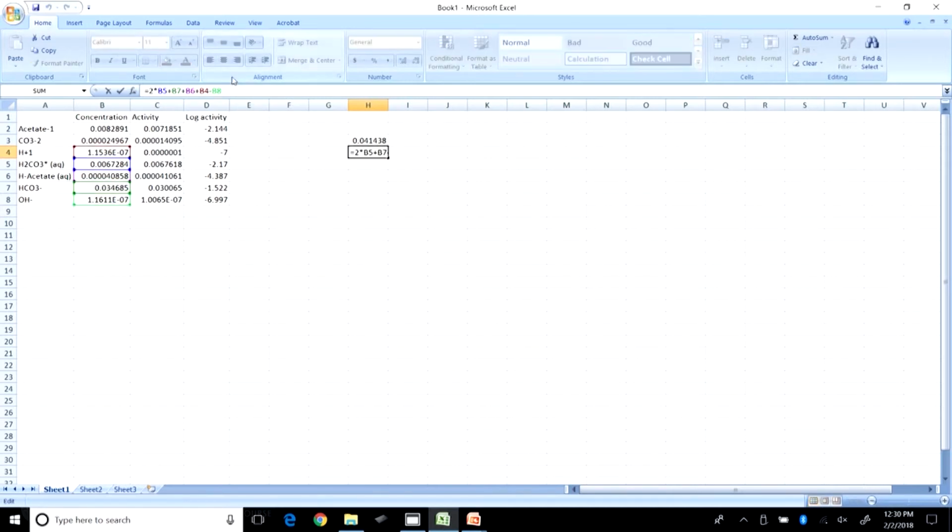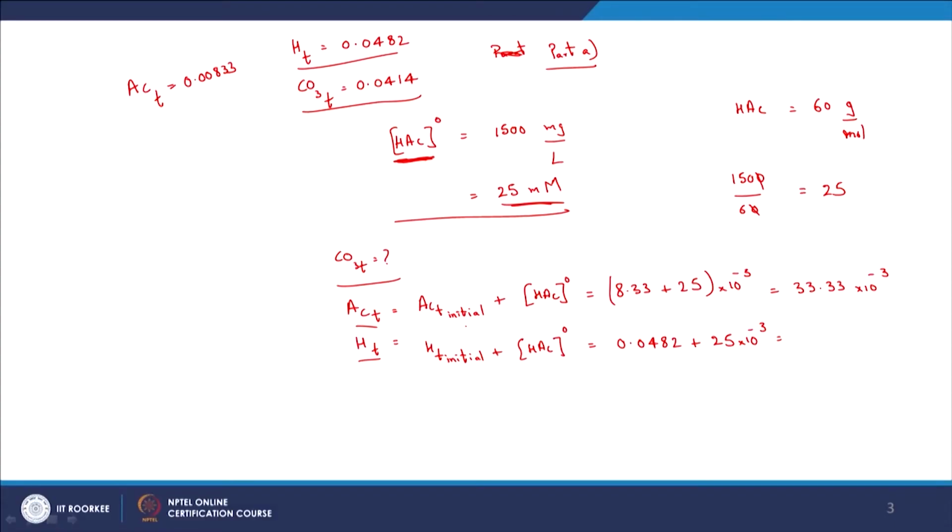So, plus 0.025, and enter. So, we now have 0.0732, let us say.